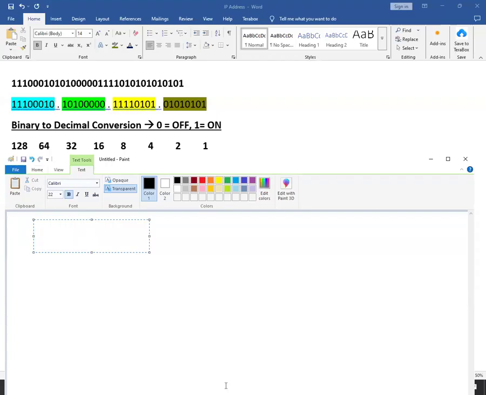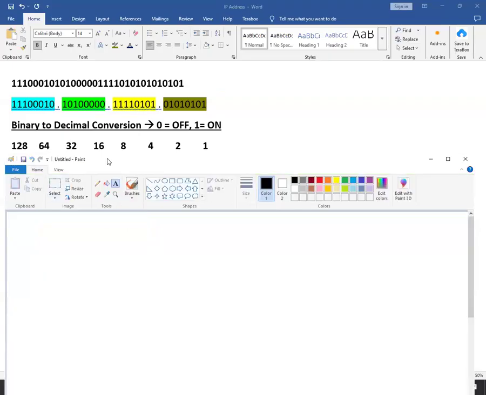The reason is quite obvious, right? See here, IP version 4 is totally 32 bits. These 32 bits are divided into 4 octets and each octet contains 8 bits. This is the reason, my friend, I'm taking 8 binary bits and converting them into decimal. Done? Now let's see how to do this.